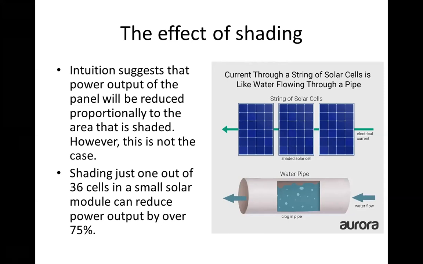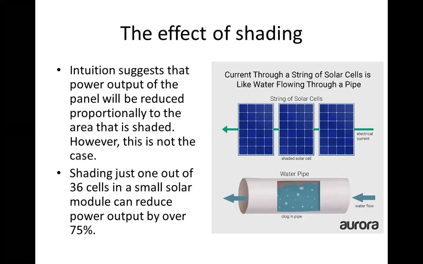Shading only a small part of the solar panel will cause a very big decrease in the power. If about one of 36 cells is being shaded, it will decrease my power to 75%.